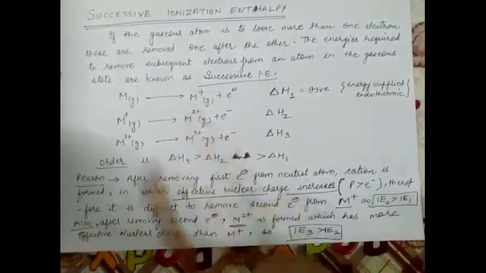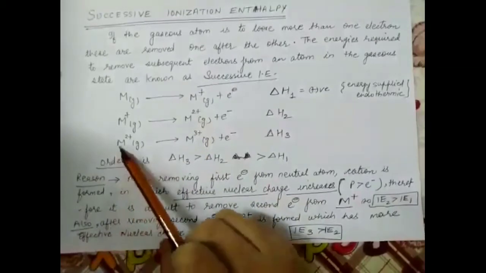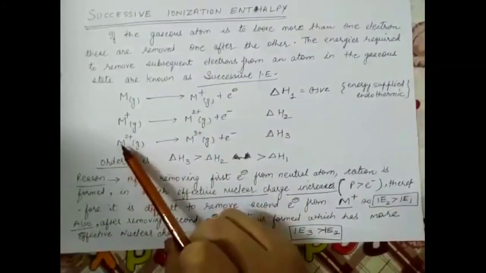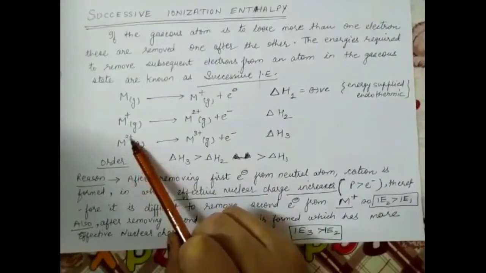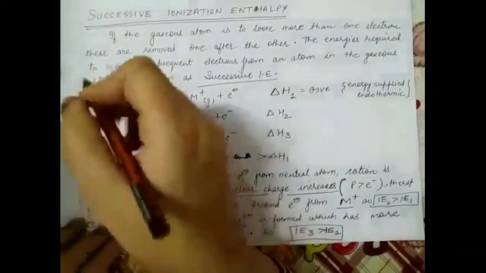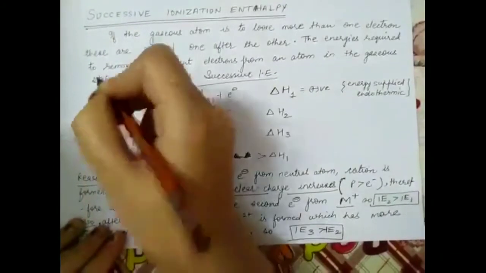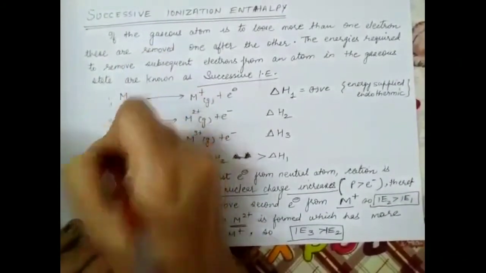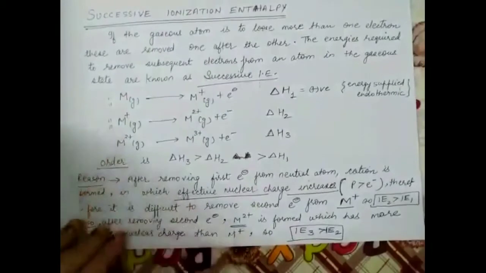Now M2 plus is formed. In this M2 plus, the effective nuclear charge will further increase, because electrons are continuously decreasing while protons stay the same. Suppose it has 11 protons and 11 electrons. Now it has 11 protons and 10 electrons, so the effective nuclear charge is more.